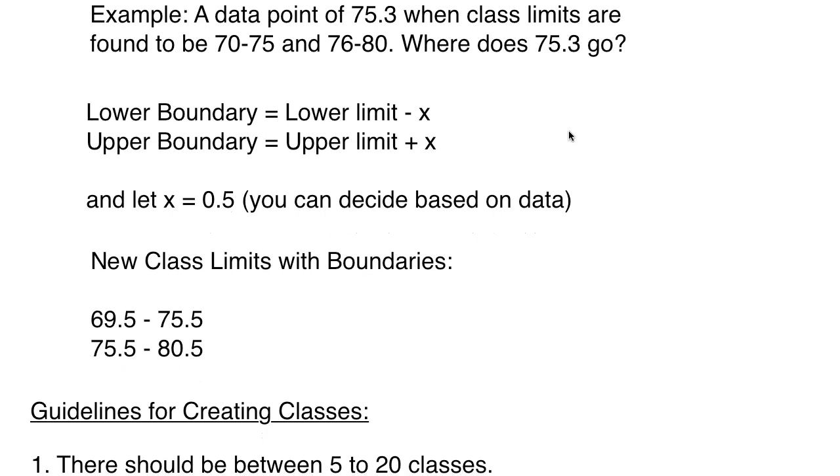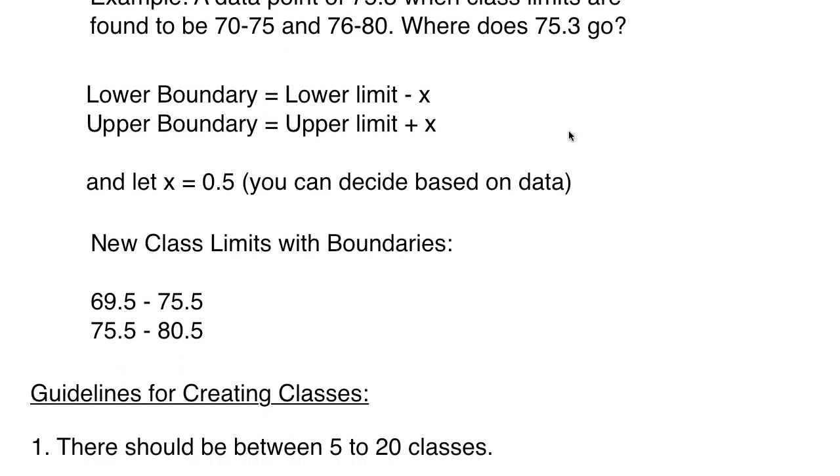All right, so the new class limits with the boundaries in place would now become 69.5 to 75.5, and then 75.5 to 80.5. Now you will notice that 75.5 is the upper end of the first class and it starts at 75.5 for the lower limit on the other one. So you do have that small bit of discretion where you have to decide where to put it.